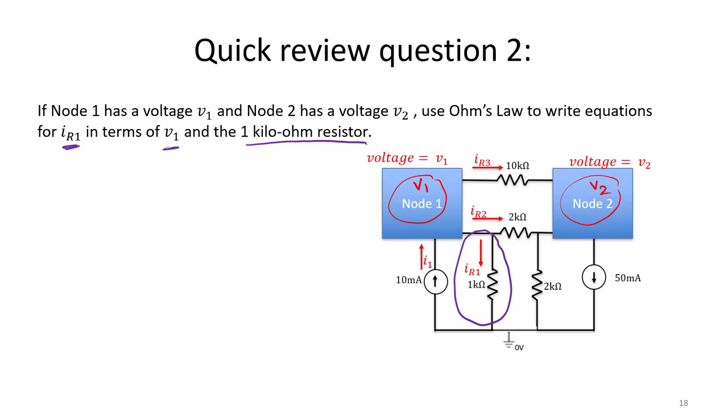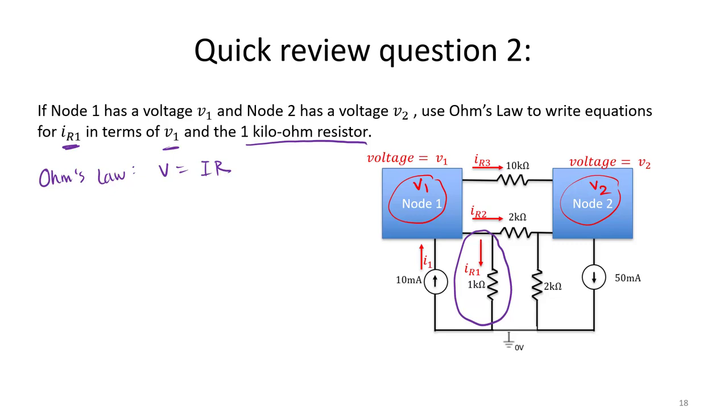Okay, well, let's take a closer look at that. So we know from Ohm's law, V is equal to IR. Let's take a closer look at IR1.